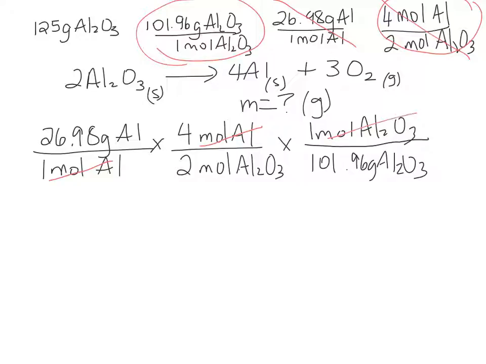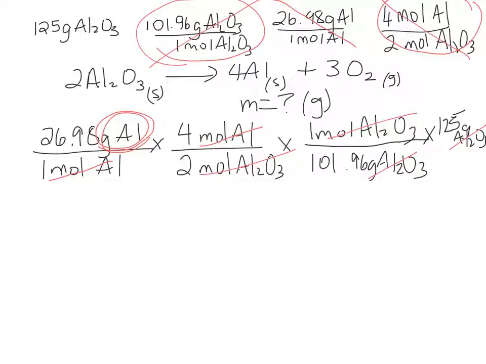So now we've got rid of moles of aluminum oxide. We only have one number left, and that's all we need. We need to get rid of grams of aluminum oxide on the bottom, and we happen to have grams of aluminum oxide, so that cancels. We have no more units other than grams of aluminum, so we're done.